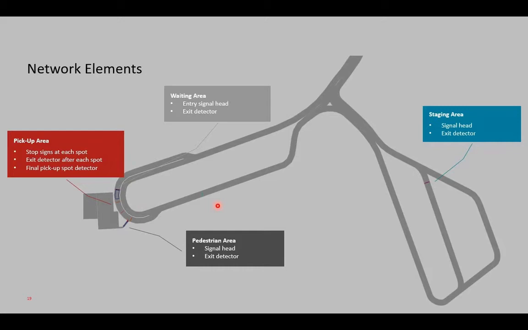And we can update that once the passengers have boarded. And each of these spots also have an exit detector, so we can capture the vehicles as they're leaving. And then there is a final larger detector in that last spot, so that we can know when that whole area is fully occupied and we've got vehicles stopping there.